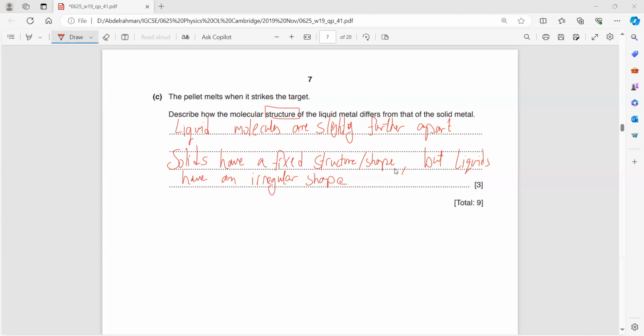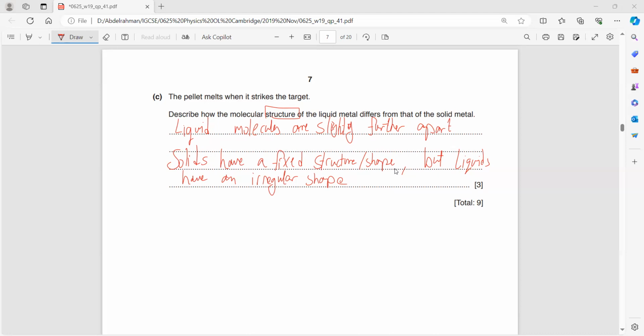If you say, for example, that the liquids slide over each other and the solids vibrate in fixed positions, that's wrong. Why? I didn't ask you about the motion of the molecules. I'm very specific. The questions are never vague. I can never have a vague question. I must have a specific question, and therefore the answers must be very specific.